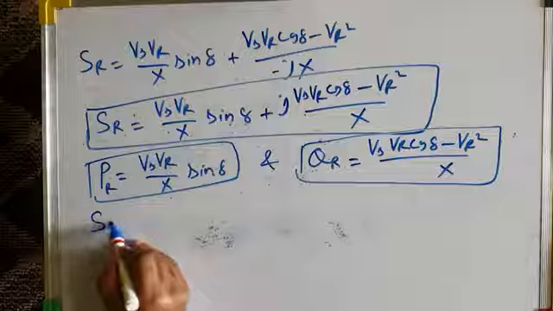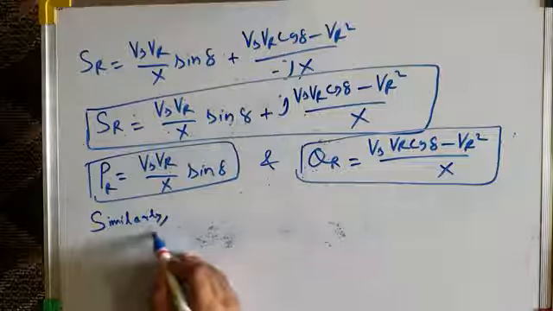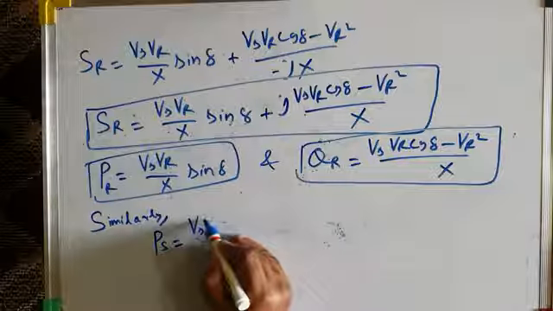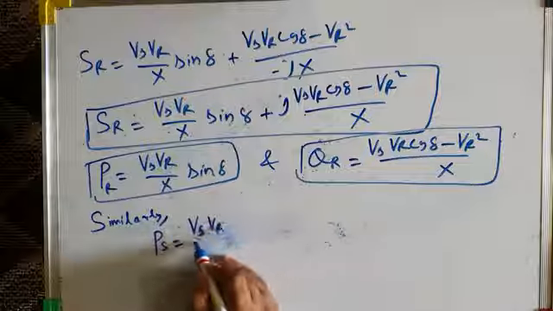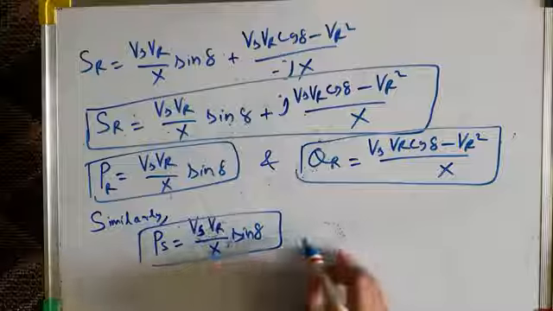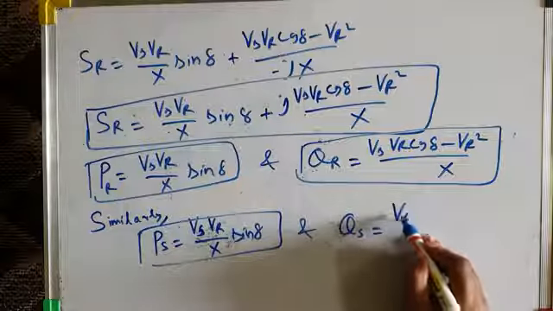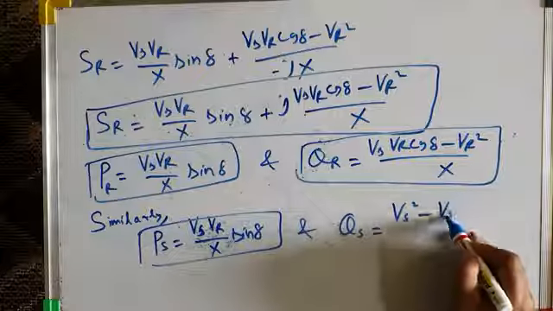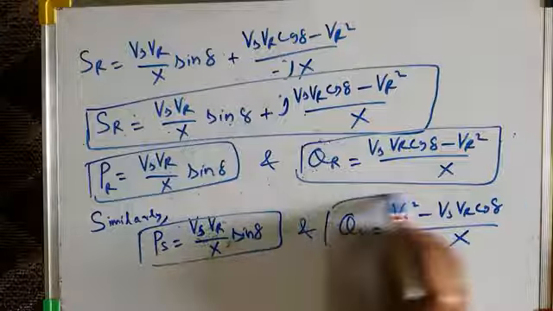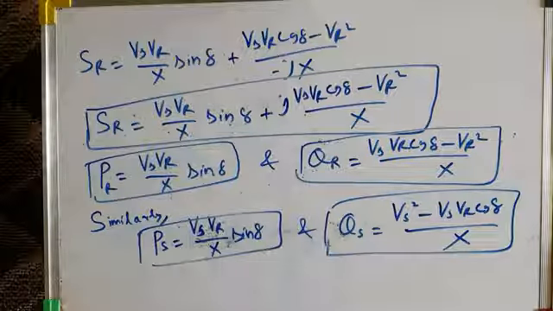In a similar way, if you find the expression for the real power at the sending end, Ps, that will have the same expression, that is equal to Vs VR by X sine delta, and the reactive power at the sending end will be Vs square minus Vs Vr cos delta by X. You can derive the real power and reactive power at the sending end the same way.